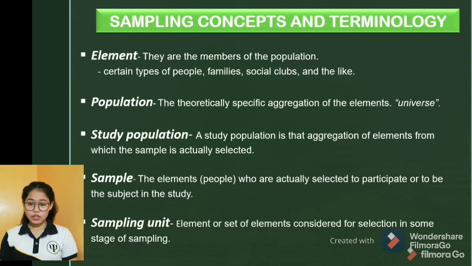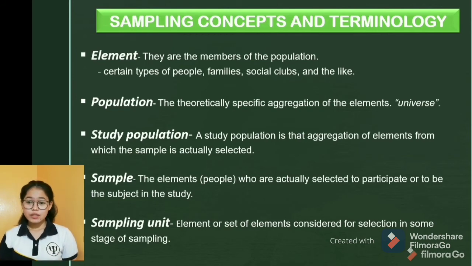Next is population. The theoretical specific aggregation of elements. Aggregation meaning cluster of the elements. When we say population, it includes everything. It is a whole. For example, in a university, there are students, teachers, janitors, deans, everything.